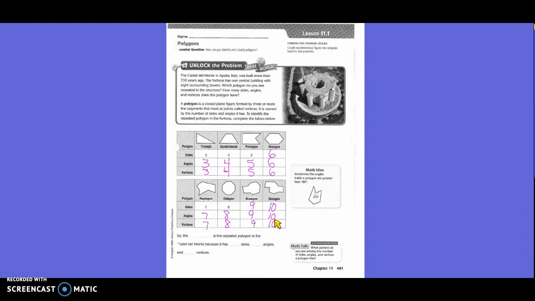So how many sides, angles, things like that does it have, guys? So up in the picture, how many sides, vertices, angles does it have? 8. So it would be an octagon.